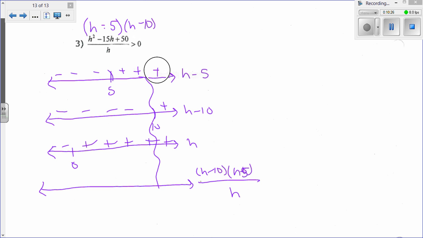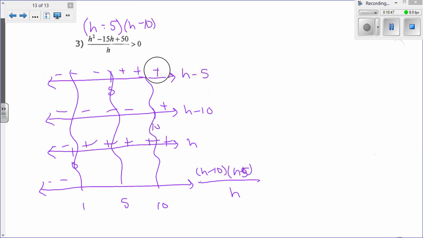So I'm going to have my number lines here. So this is 1, this is 5, and this is 10. So I'm going to just multiply and divide down my lines. Negative times a negative is a positive, divided by another negative is a negative.